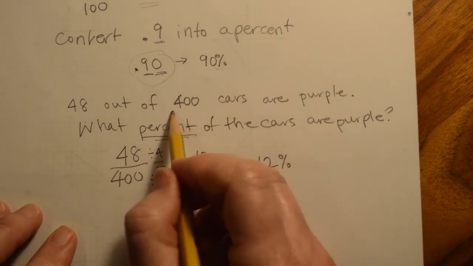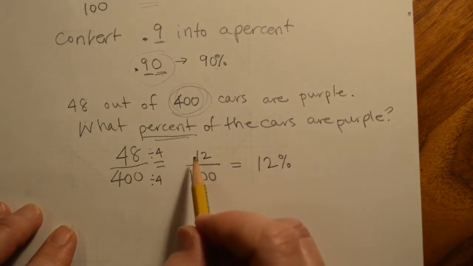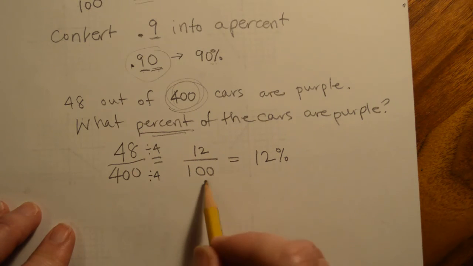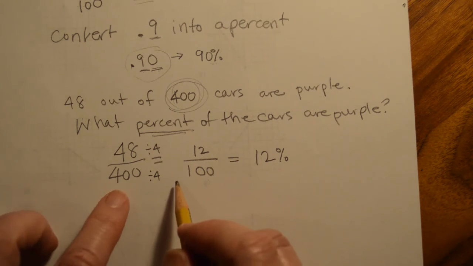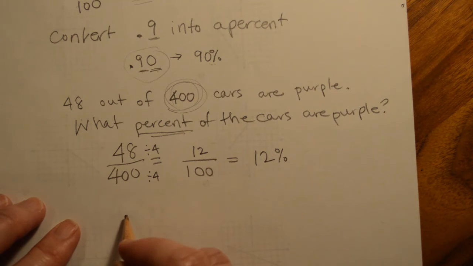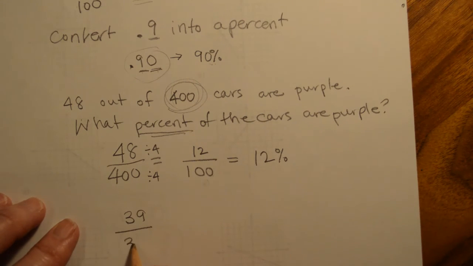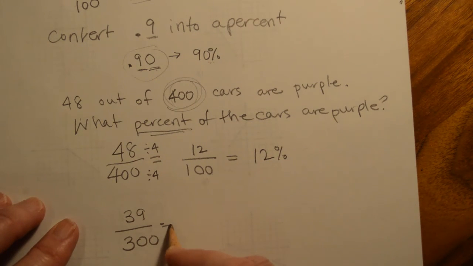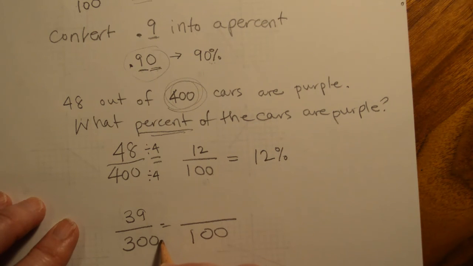All right, so again, if they give you something that's not 100, then just make it 100 somehow. Again, if it were, let's say, 39 out of 300, we would say, all right, I want to make that 100. I need to divide this by 3. Therefore, I need to divide this by 3. 39 divided by 3 is 13.